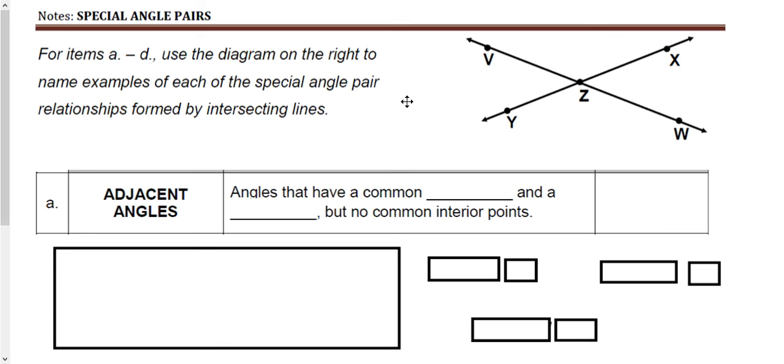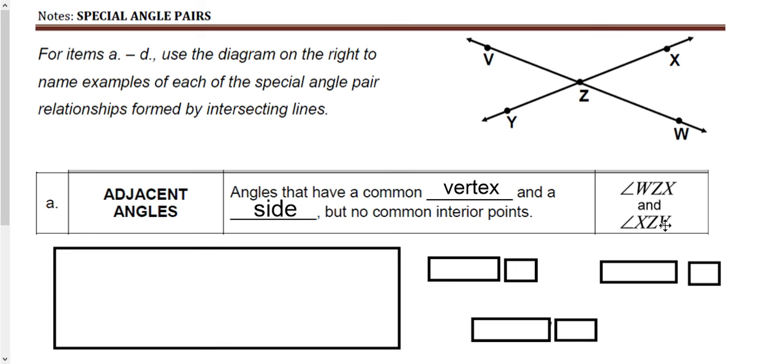Next, we have a bunch of definitions on our notes page. We'll look at this picture and what adjacent angles are: angles that have a common vertex. So all these angles have the same vertex here, Z, and a common side, but no common interior points. In this picture, I should have numbered them to make it easier to say, but basically adjacent angles are side by side. Let's take a look at a couple pairs here.